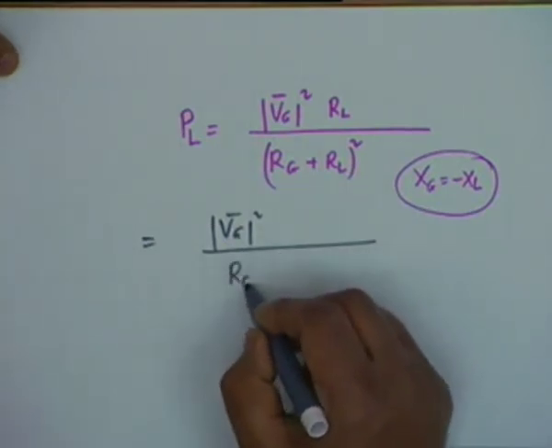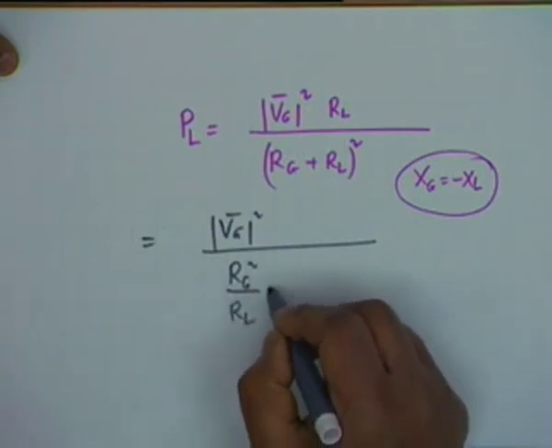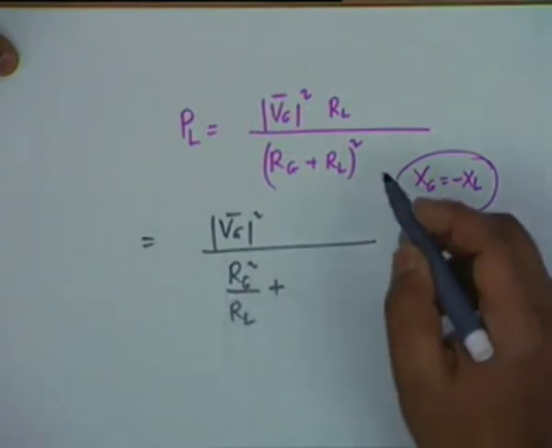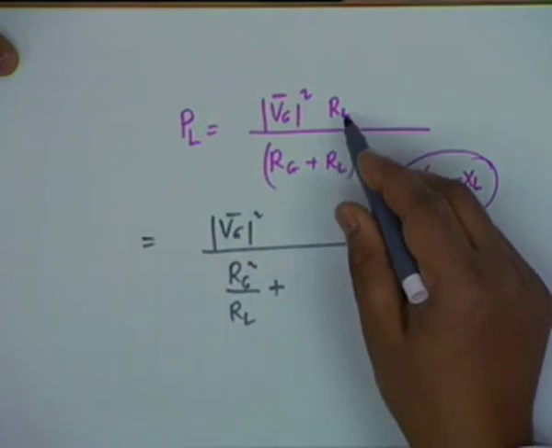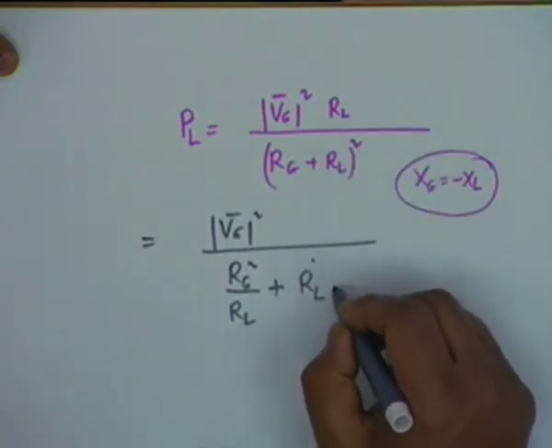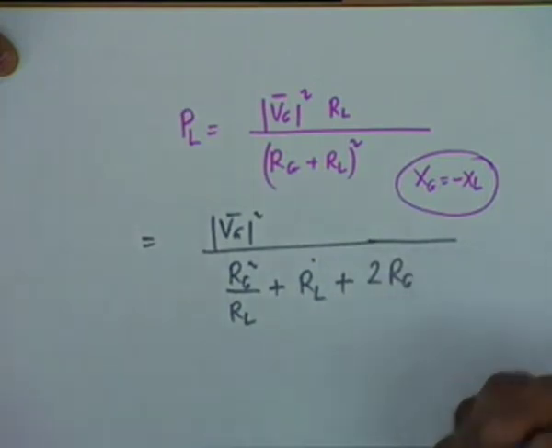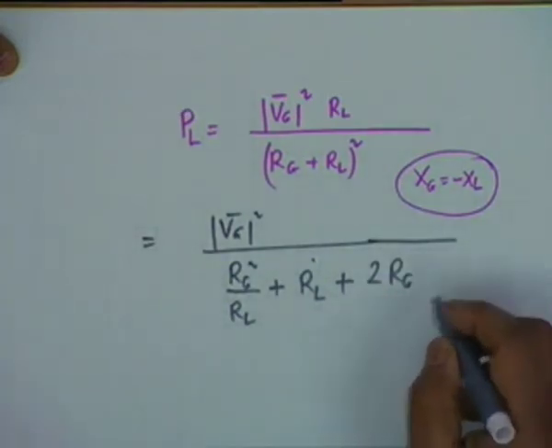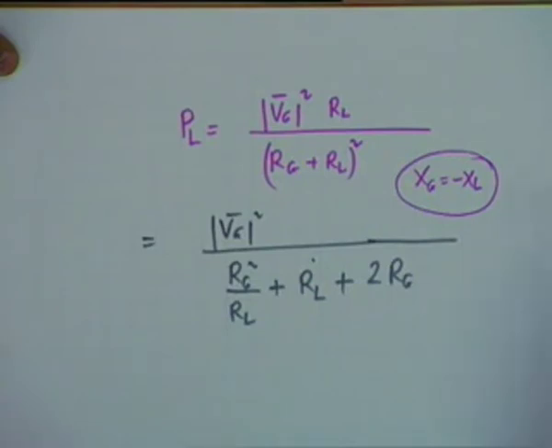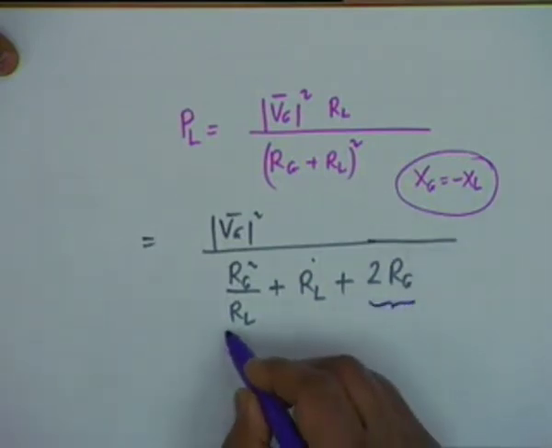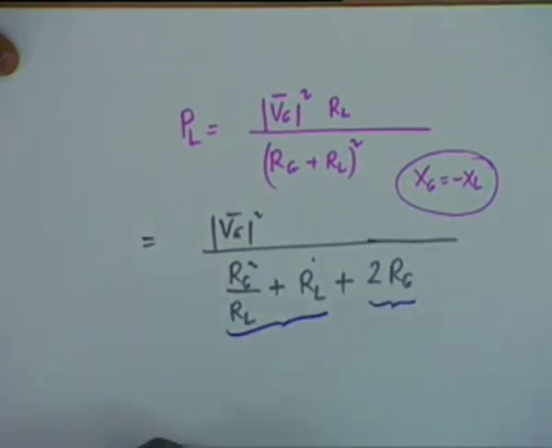So I get Rg squared by RL plus RL squared divided by RL, so it would be simply RL, plus twice Rg RL divided by RL, so twice Rg, of which you see this quantity is a constant, this quantity is a constant, and this is the thing that is variable.